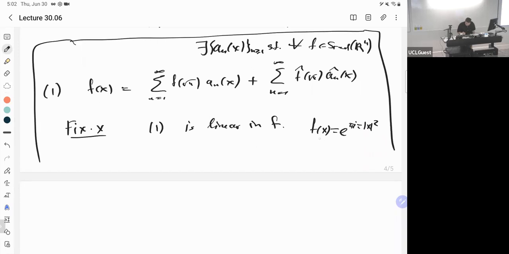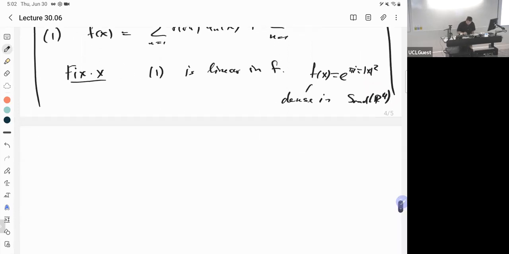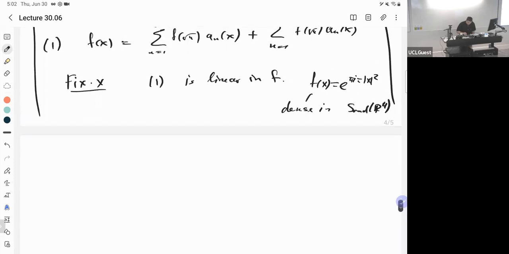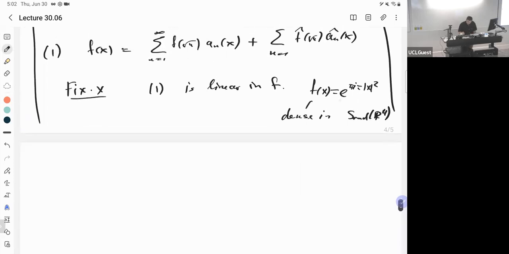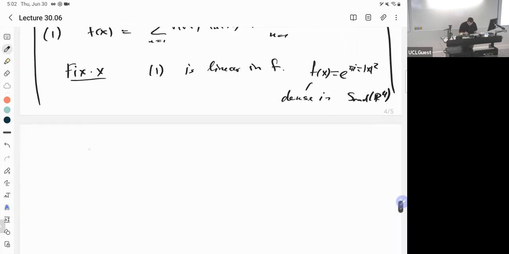So this collection of functions is dense in this space. That I will not do, but now you just rewrite what this means. For this identity to hold for a family of Gaussians, you introduce some notation. Let's call it f_x of tau.